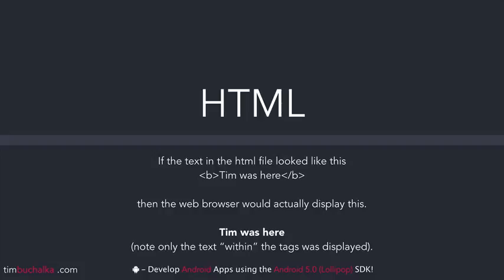So effectively, a web browser will look at the first tag and say, okay, I'm going to have to start rendering the text bold. And then when it comes across the next statement and finds the slash B, it goes, oh, okay, that's ending, so I'm going to stop rendering at this point. From then on, it wouldn't be bold.